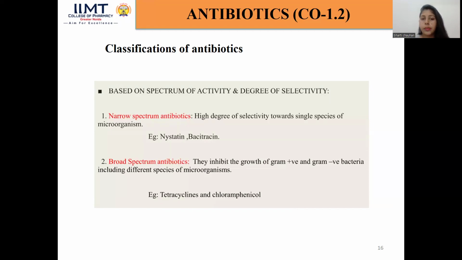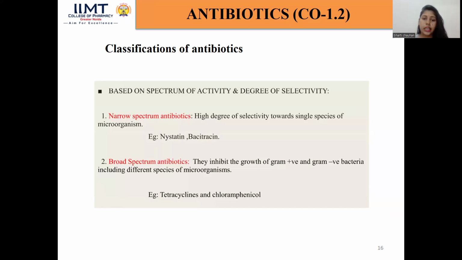Narrow spectrum antibiotics have a high degree of selectivity towards a single species of microorganisms. A particular antibiotic can show its effect on gram-positive bacteria only, or on gram-negative bacteria only. This is the narrow spectrum antibiotics.